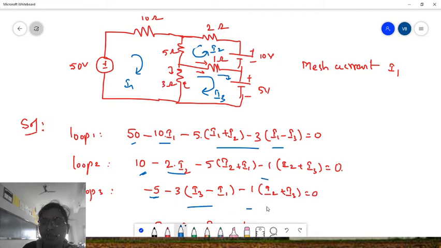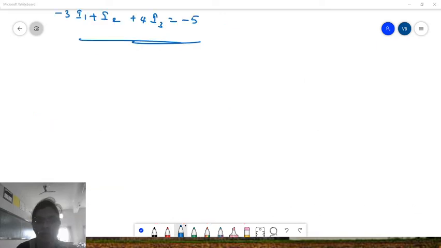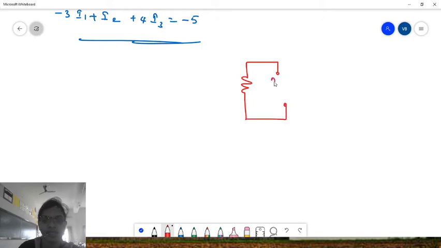Okay, so likewise we are going to write the loop equations and solve them. Now, how to calculate the total resistance? Take this circuit which has resistances, and here I am going to take the terminals. We need to calculate the equivalent resistance at these terminals.